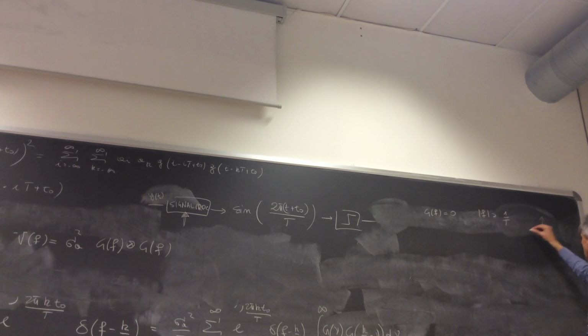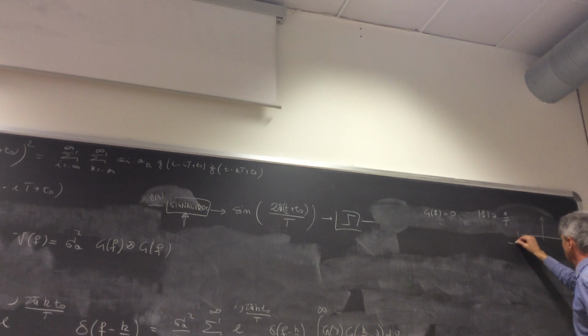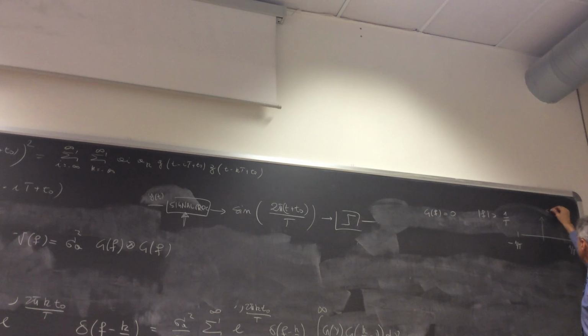It means that G of f, if this is 1 over T, minus 1 over T, G of f can be this, the rectangle, the ideal rectangle. It is band limited, and the bandwidth is 1 over 2T.